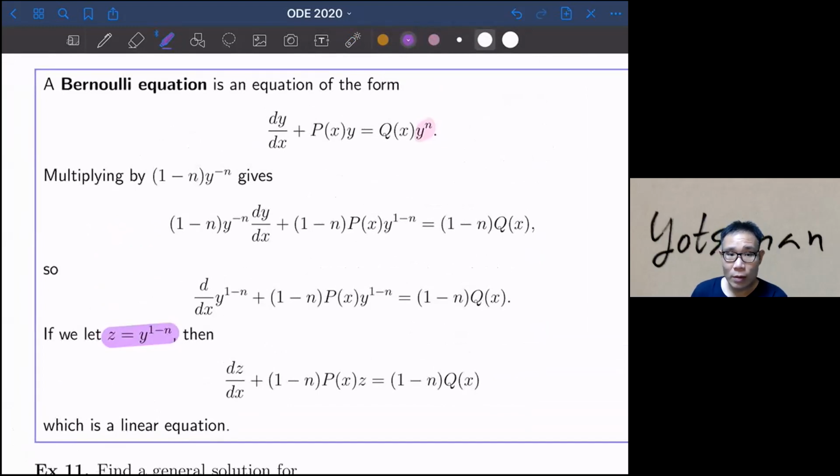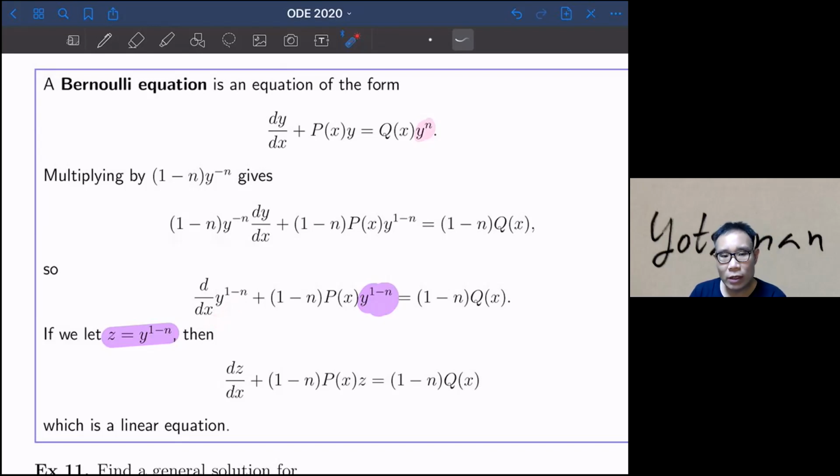You're going to be able to have z here, okay? So this guy is going to turn out to be z. And you see this term is d/dx of y to the 1 minus n.